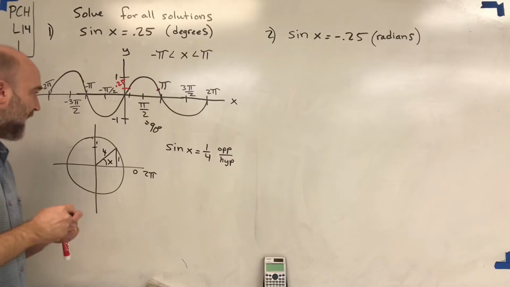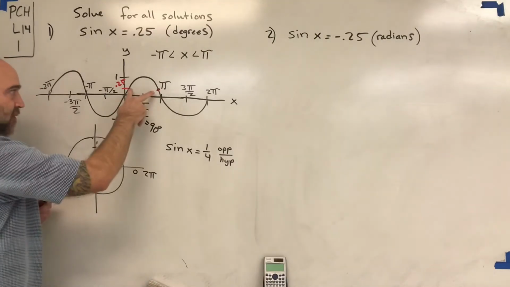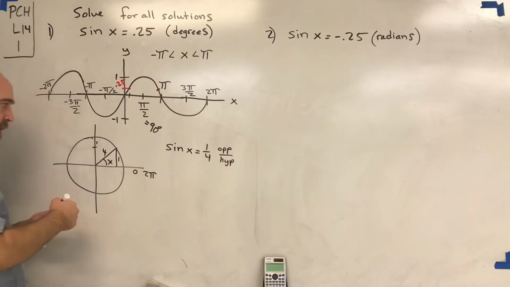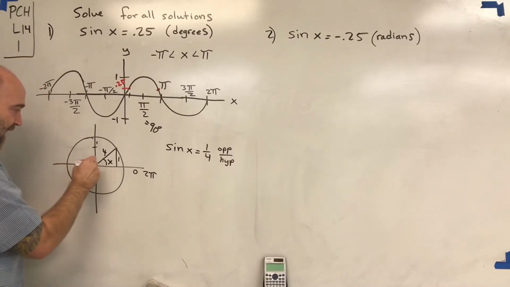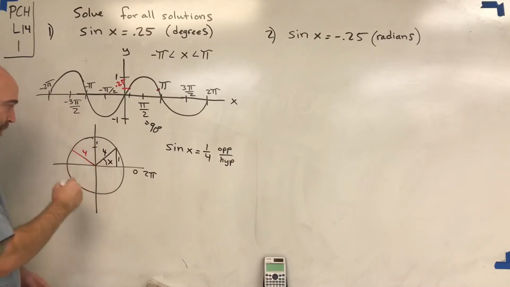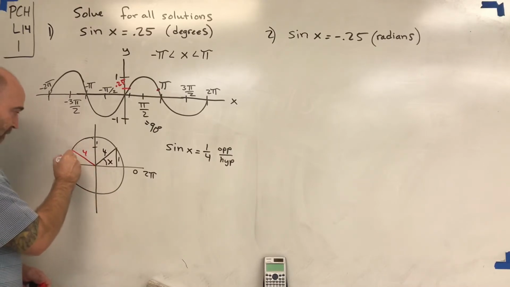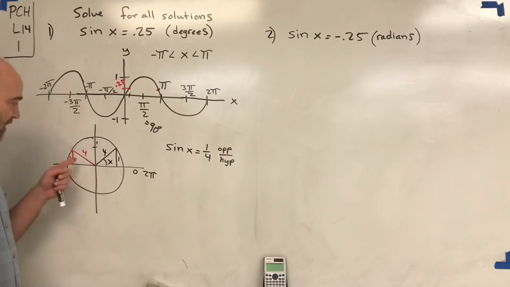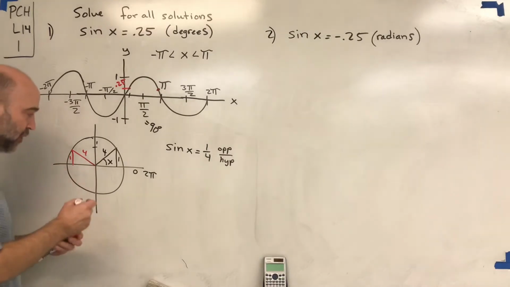And why I did that is these two solutions also show up in this unit circle. Notice I can draw the same triangle that has a 4 for a hypotenuse and a positive 1 for the opposite. So this is exactly the same triangle. That means this has two solutions.